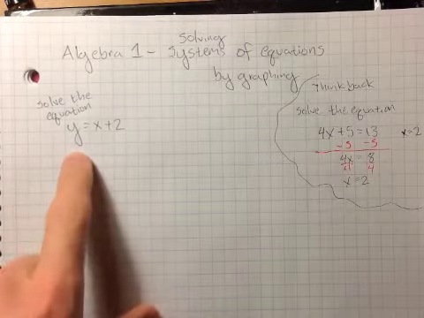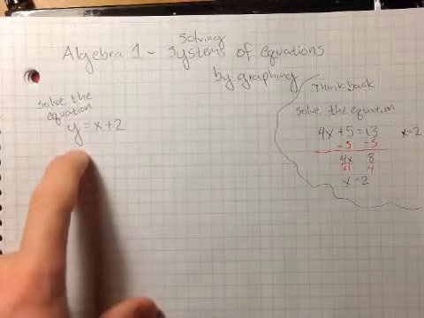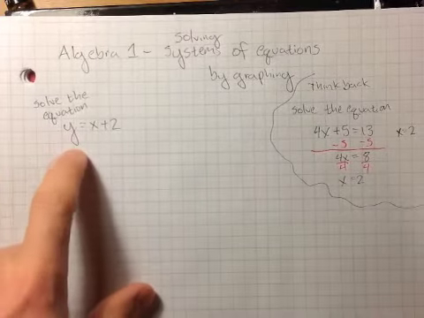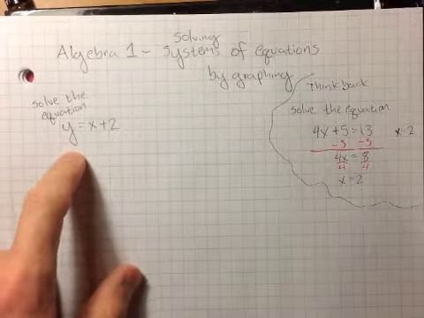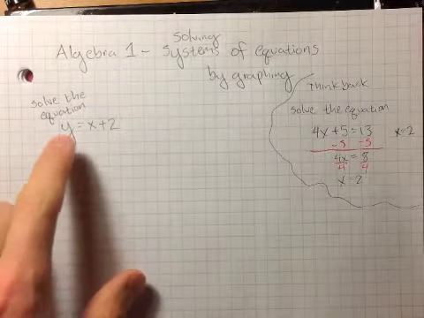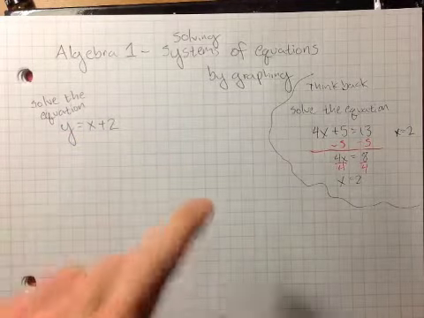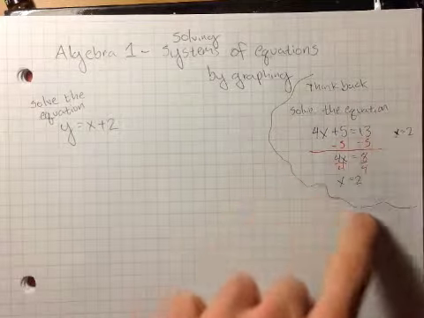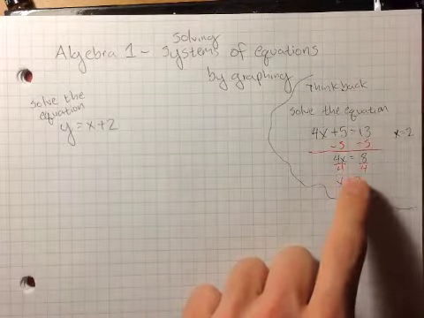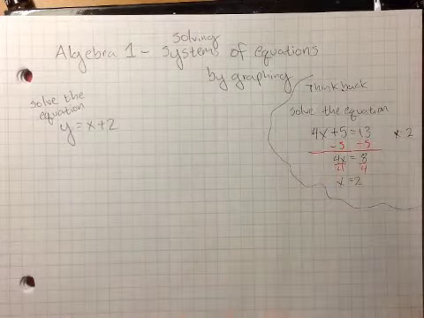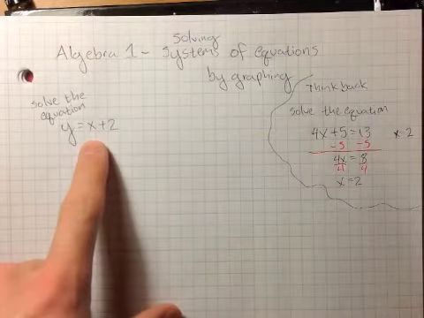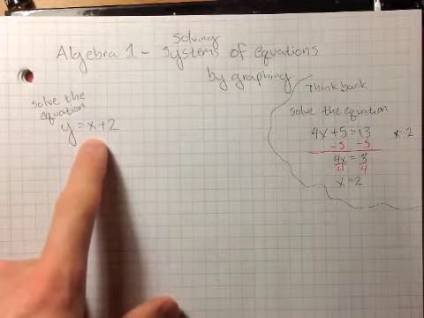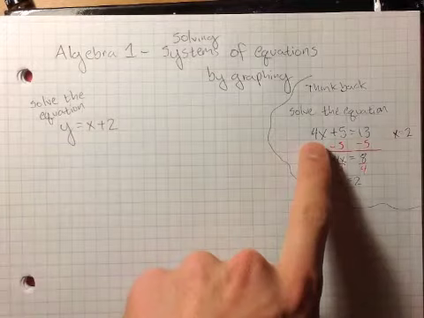Although technically it is solved for y, in the sense that y is isolated and the equation is written so that y equals something, otherwise it doesn't make the same sort of sense that solve the equation makes over here. But why does it not make any sense to say solve the equation y equals x plus 2, like it did over here?